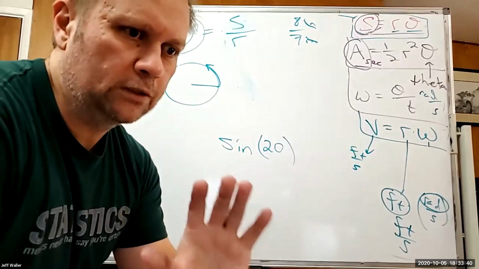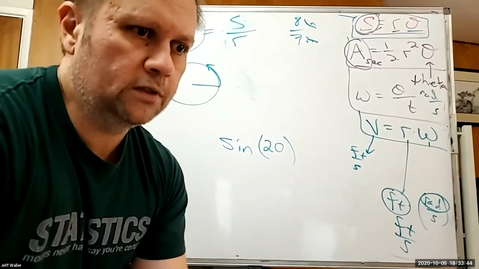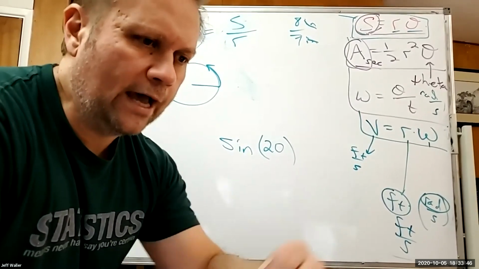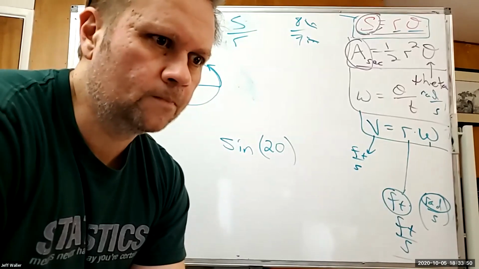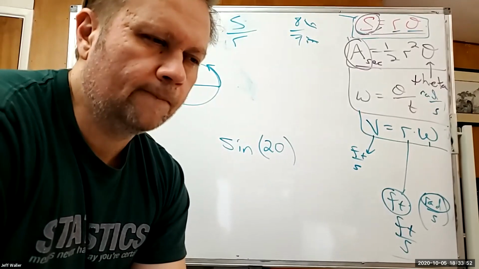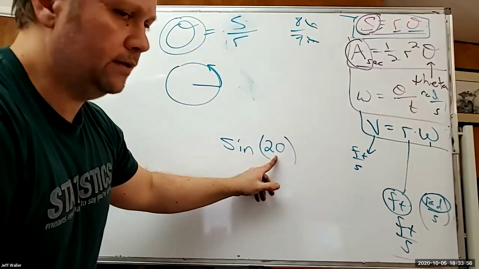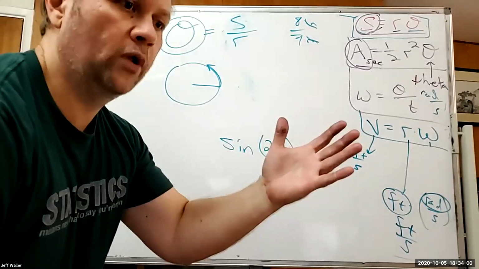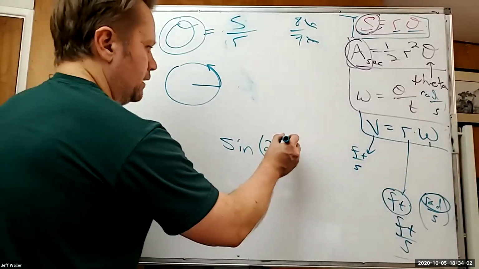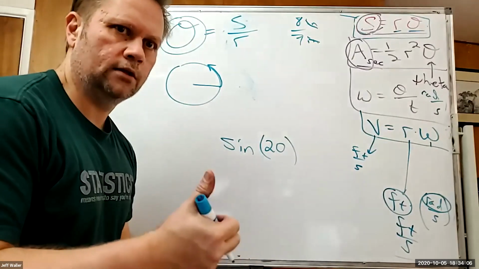I just do, especially now, but you might want to get used to it too, just to be safe, just to make sure that I know and you know what it is. But officially, if I see this, I have to assume this is 20 radians. In fact, I know it is, because if they meant degrees, they would have put a little degree on it. All right, I like it.